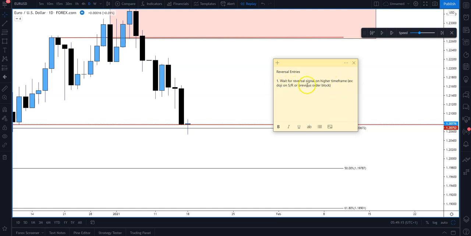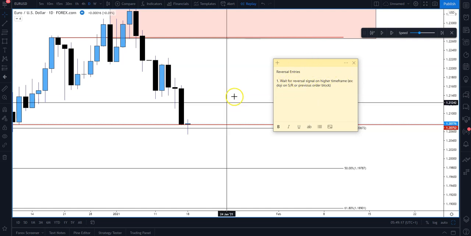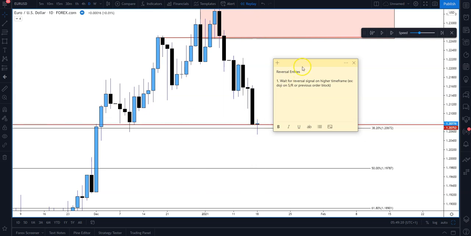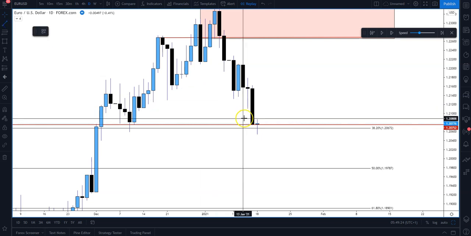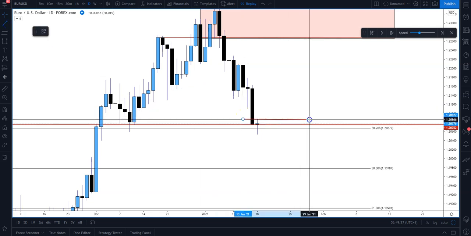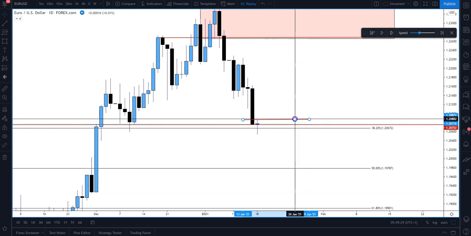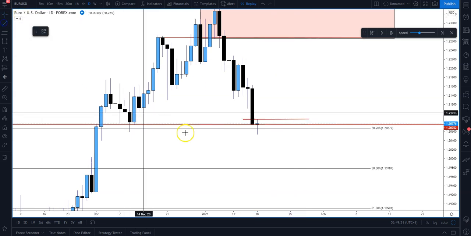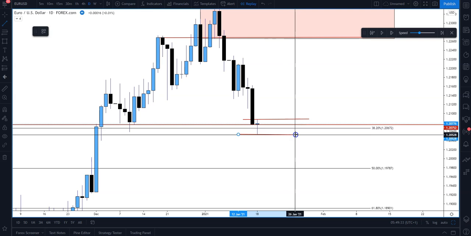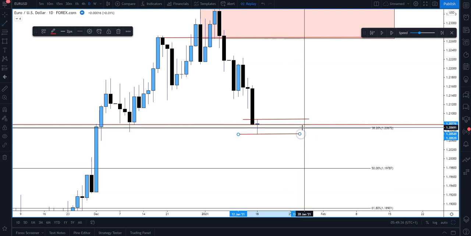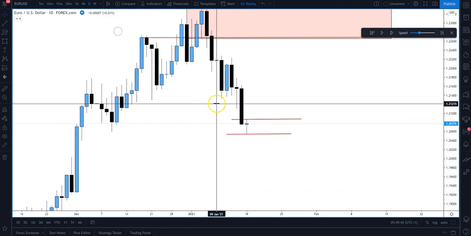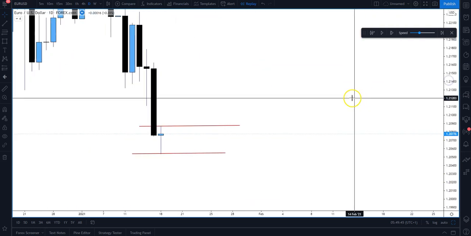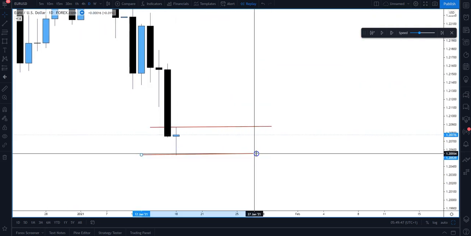Example, doji on support resistance or previous order block, which is what we're seeing here. We got the top of the doji and we got the bottom of the doji.